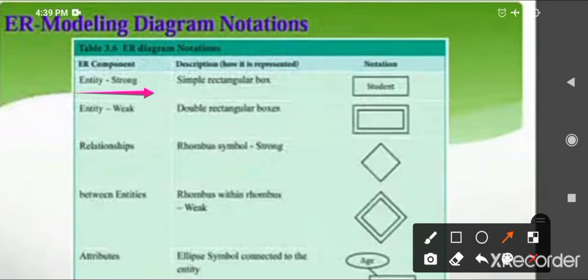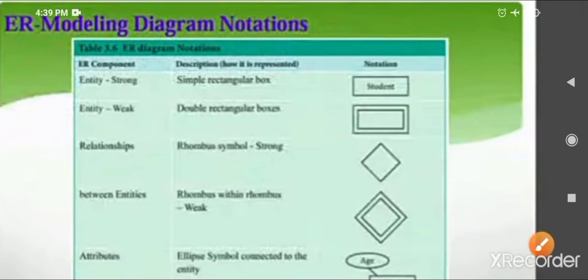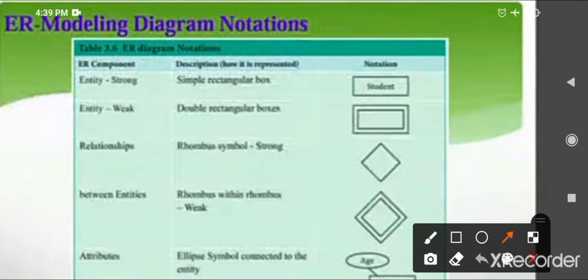Here we draw a simple rectangle symbol to represent a strong entity, a simple rectangular box. The second one is the weak entity, represented by double rectangular boxes.